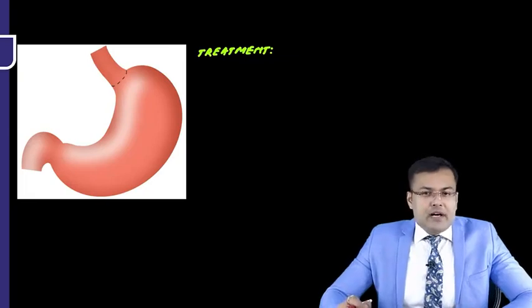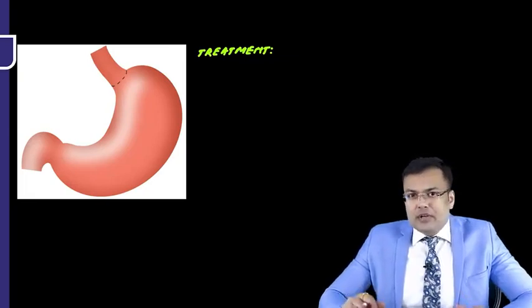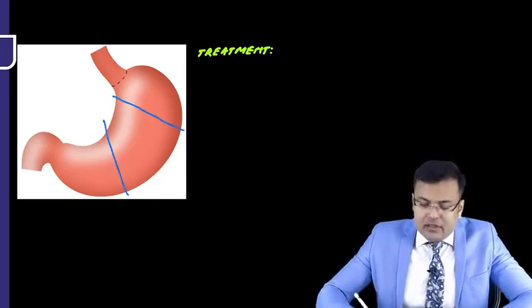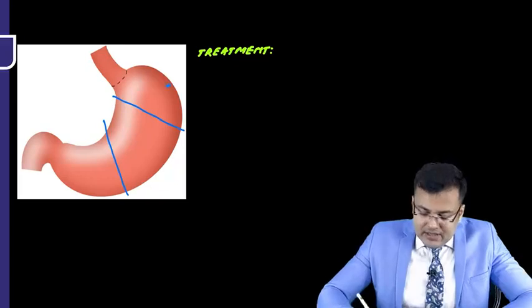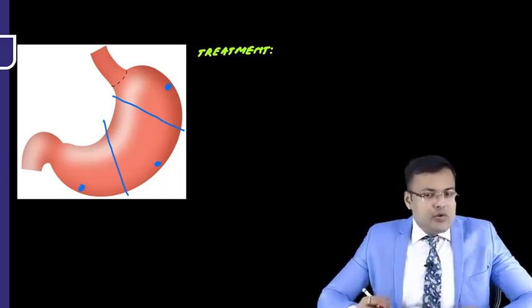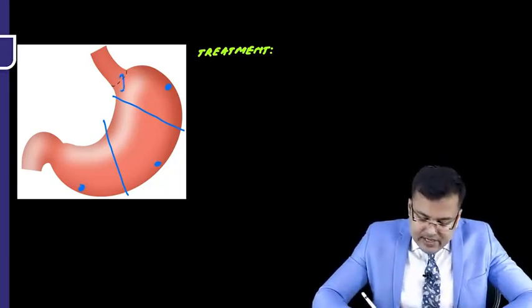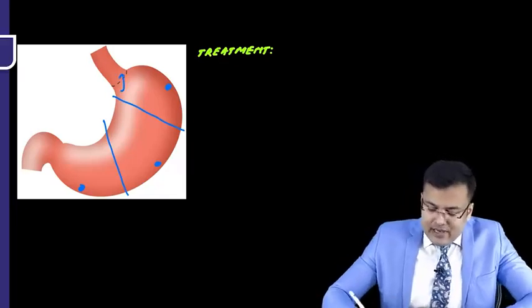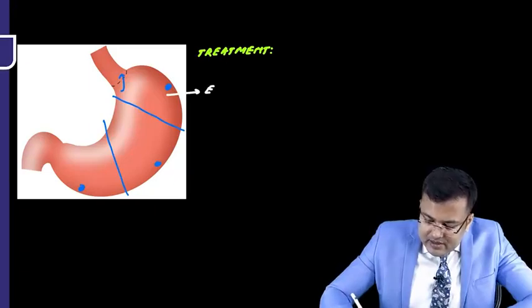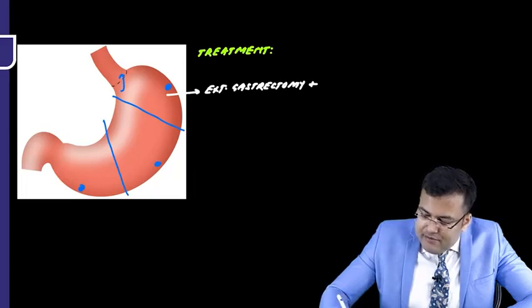Now see the treatment of carcinoma stomach. The treatment depends on the location, whether the malignancy is located in the proximal one-third, middle one-third, or distal one-third. Whenever the malignancy is located in the proximal one-third, we go for extended gastrectomy, and apart from that, we perform D2 lymphadenectomy.